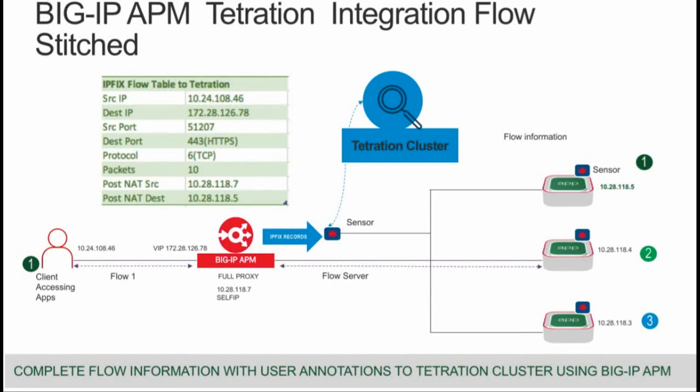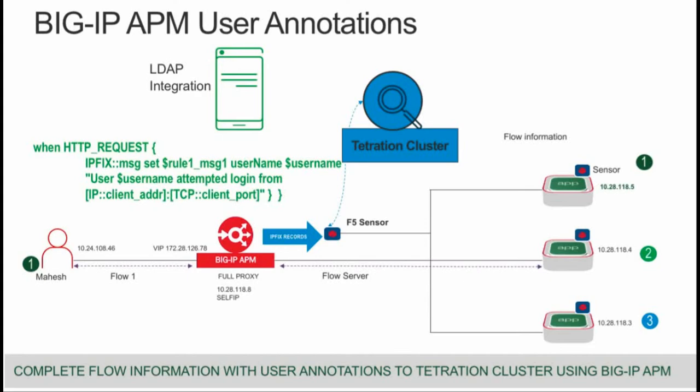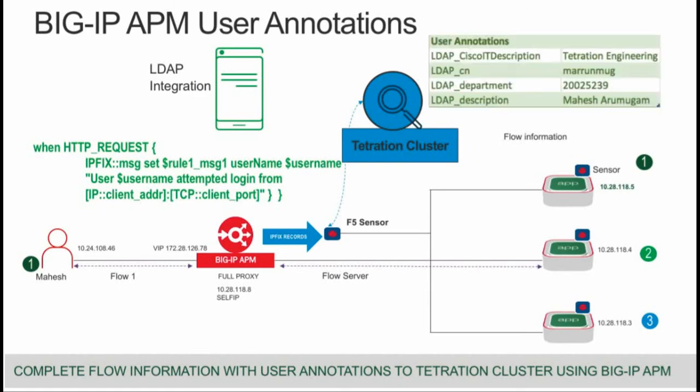So in this example, we will have the client accessing the application via the virtual server presented by the APM. And when the user is authenticated, the APM will send, besides the IPFIX information, some LDAP parameters back to the Tetration cluster that represent the user identity information like the CN, the department, the description, and the IT description, for instance.